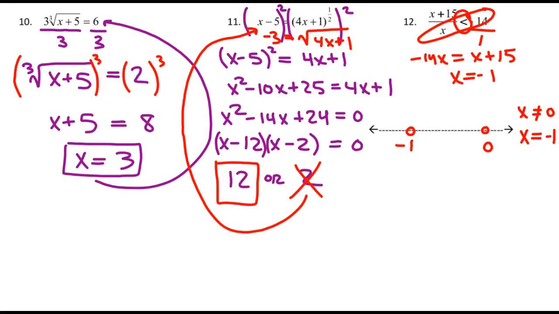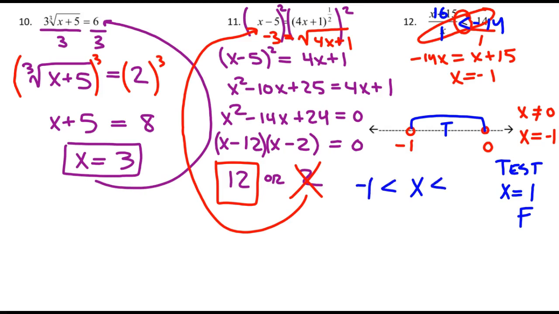In this case, I tested x equals 1, and I put a 1 in for x, and I got 16 over 1 less than negative 14, and that is false, so it's false out here, so we're going to say it's true in here. So x is going to be greater than negative 1, less than 0. Those are all the values that would make that inequality true.